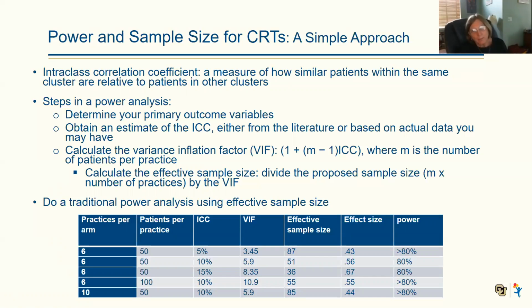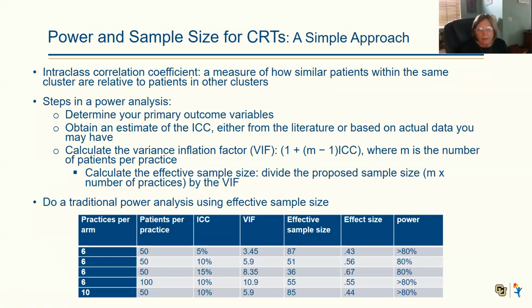So in a power analysis, some of the key steps are, first of all, decide on your primary outcome, and then obtain an estimate of the intraclass correlation coefficient, or ICC. And this can be based on the literature or actual data that you may have from prior studies.